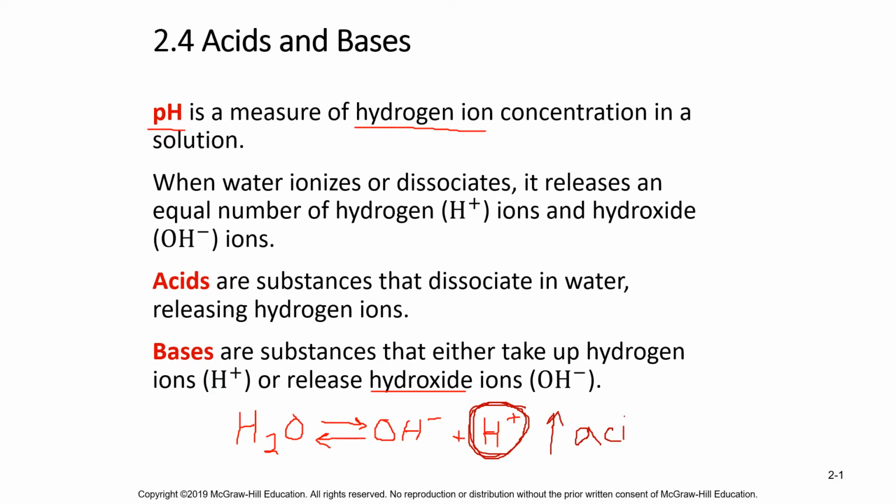So acids will increase the hydrogen ion concentration. Anything that decreases this is a base. And pH is a measurement that can tell us whether something is an acid or a base. And essentially we're measuring the hydrogen ions, the number of them.